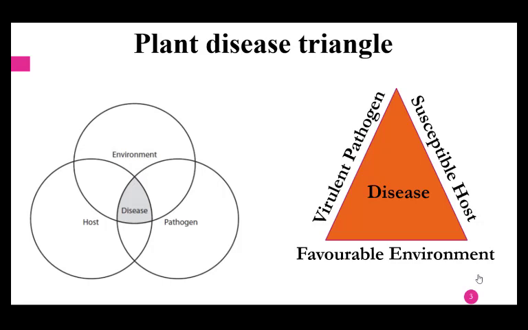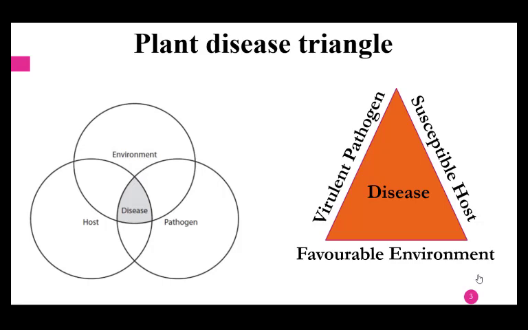The second condition is that a virulent pathogen must be present. The next condition is the environment, which must be suitable for disease development. So there are basically three things: environment, host and pathogen.